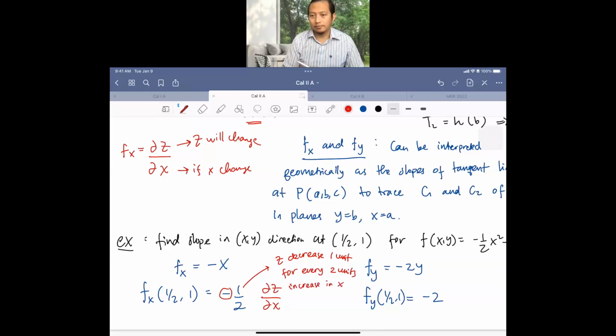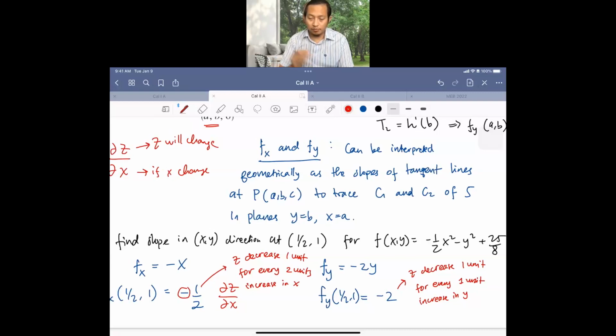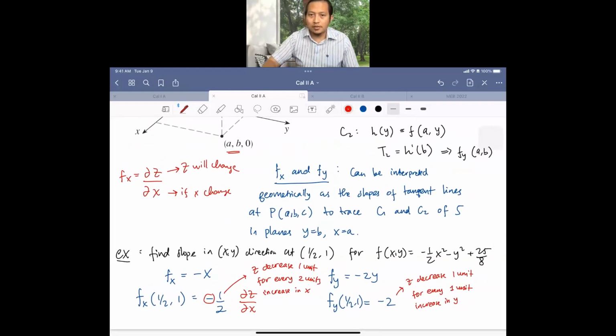Okay. For this one, z decreases 1 unit for every 1 unit increase in y. Well, if both were positive, then z would increase, but since it's negative, z is decreasing. Okay, I hope this wording is clear.